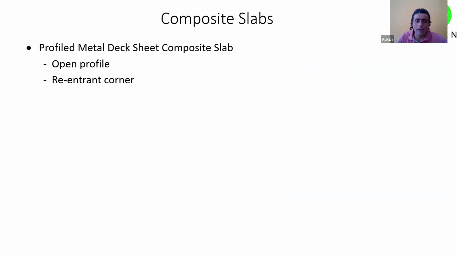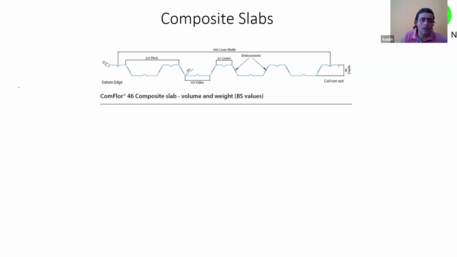This is called an open profile, where you see an open trapezoidal shape like this. You took a plate and then passed it through rollers to get this kind of profile shape. Basically the starting point, let's say, is a 1 mm thick plate.